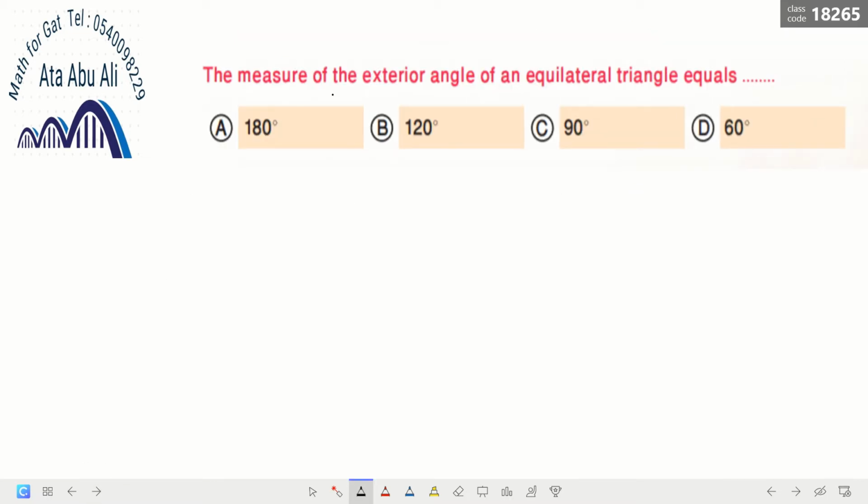Now the measure of the exterior angle of an equilateral triangle is equal to, as we know, if we have the equilateral triangle, that means all sides are equal. If all sides are equal, all angles also are equal. The sum of the 3 angles is equal to 180, that means each angle is equal to 60.